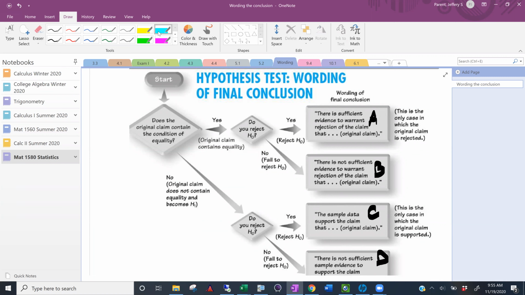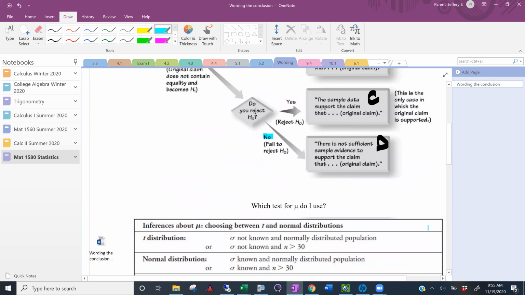Okay, so does the original claim contain the condition of equality? No. Nope. Do you reject the original claim? No. No again. So it brings us down to D. Somehow I feel like we don't use D that often, but here it is. There's not sufficient sample evidence to support the claim that the variation between the times of eruption has changed.